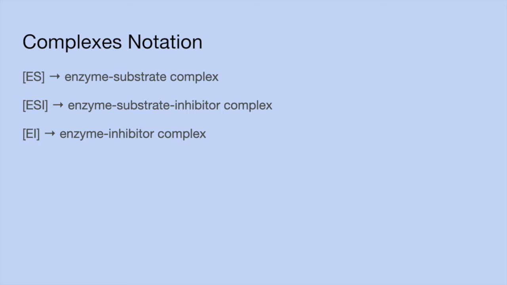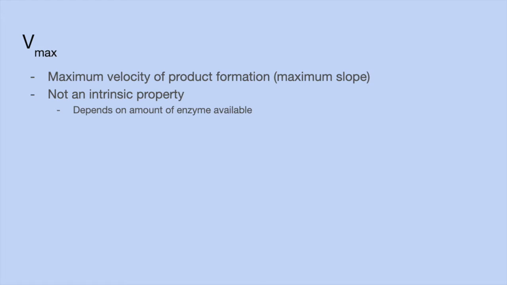And we will be notating the EI complex as capital EI, and the concentration of the EI complex as brackets around capital letters E and I. Finally, we will be notating the ES complex as ES and the concentration of the ES complex as the capital letters ES in brackets.